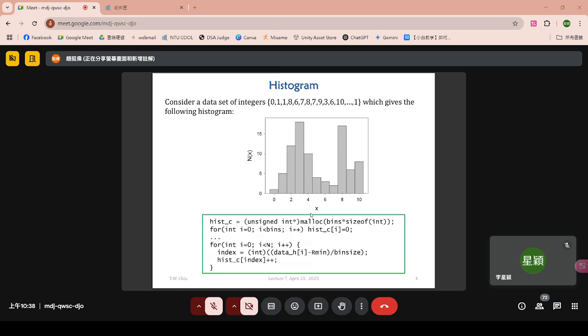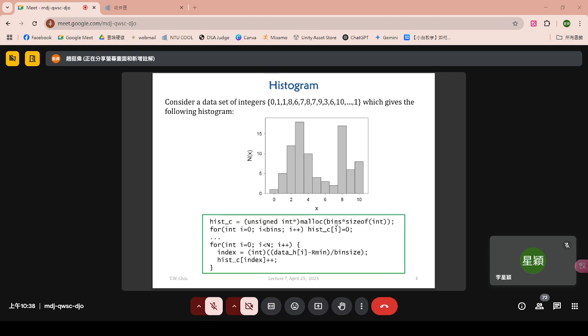So the code is this. I have to assign a histogram array, histogram C, as unsigned integer, because it's always a positive integer.